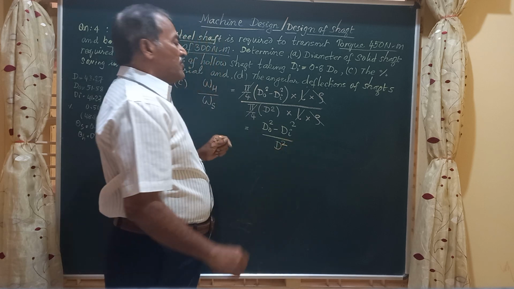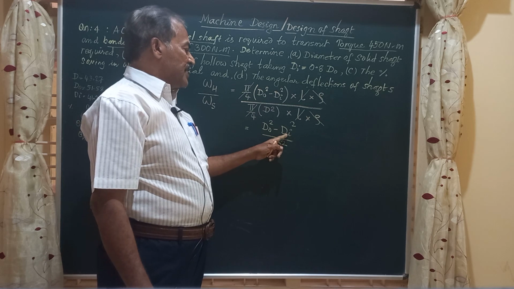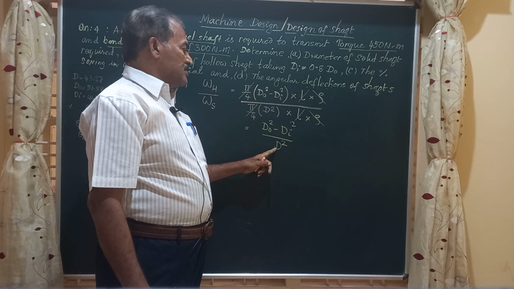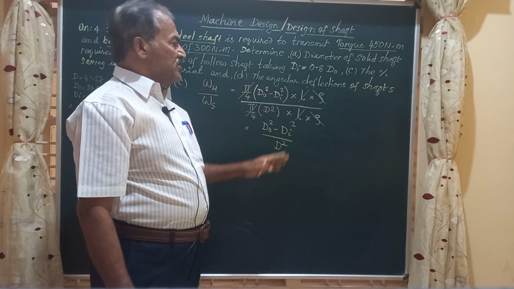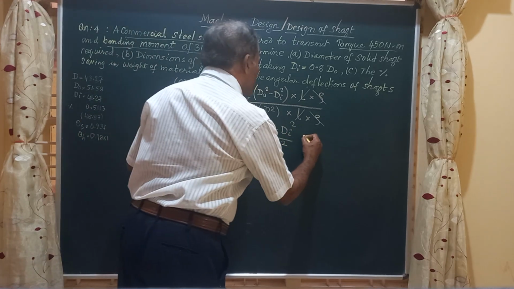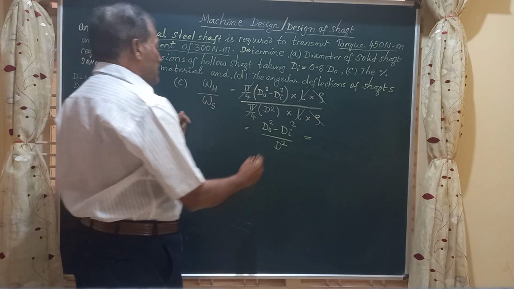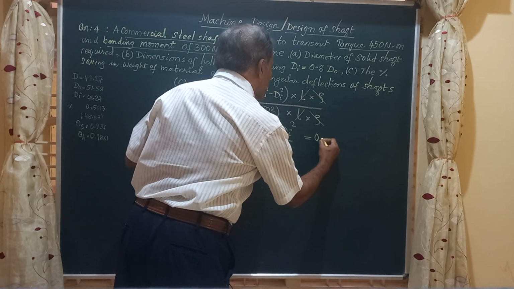Friends, we know the value of the outside diameter of the hollow shaft, the inside diameter, and the diameter of the solid shaft. So we have the values, make the substitution, and if you simplify, friends, you will get it as 0.5113.